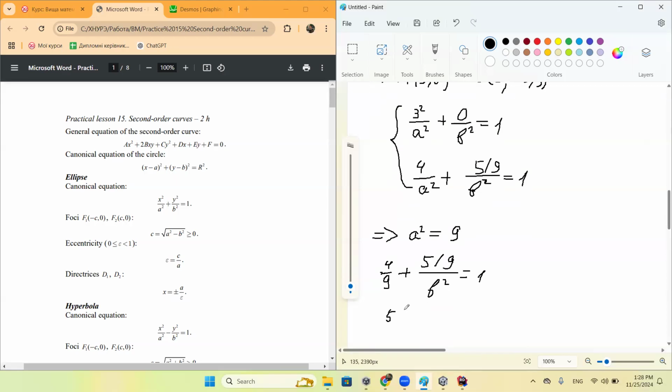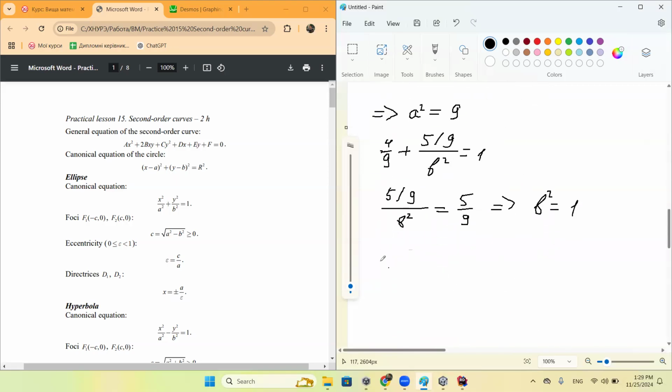So 5 by 9 by B to the power of 2 equals 5 by 9. So B to the power of 2 equals 1. So the equation of the ellipse is the following: x to the power of 2 by 9 plus y to the power of 2 by 1 equals 1. And this is the equation of the ellipse.